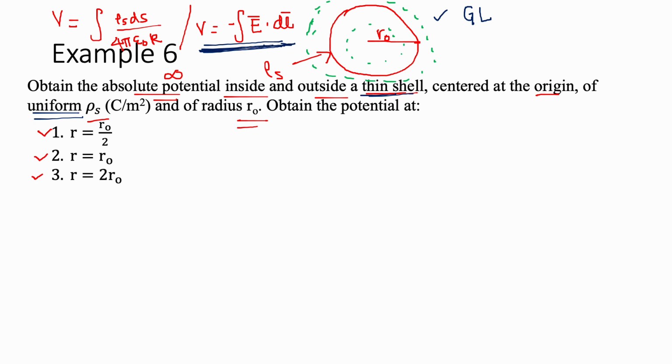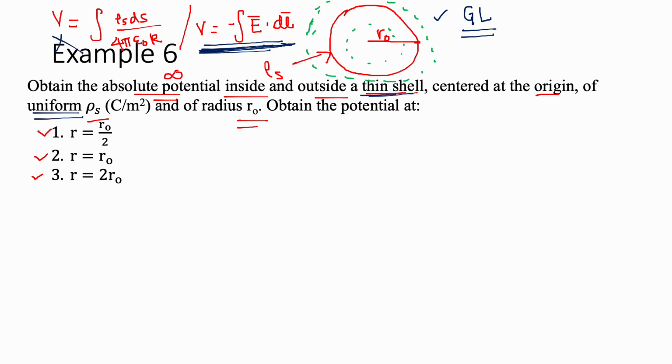Remember, if the E field can only be obtained using Gauss law, in this case a uniform charge distribution and spherical in shape, you can only use V equals negative integration E dot dl to find the absolute potential. You cannot use rho s ds over 4 pi epsilon naught r.